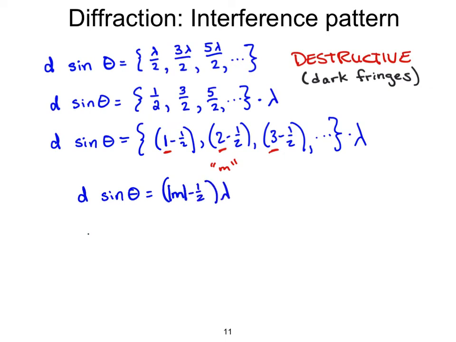Notice that if m equals 0, you just get d sine theta equals negative 1 half lambda. This is still a half integer phase shift, so it will still result in totally destructive interference, and it will still give you a dark fringe. So in this case, we can still use m equals 0, and it won't change our answer.